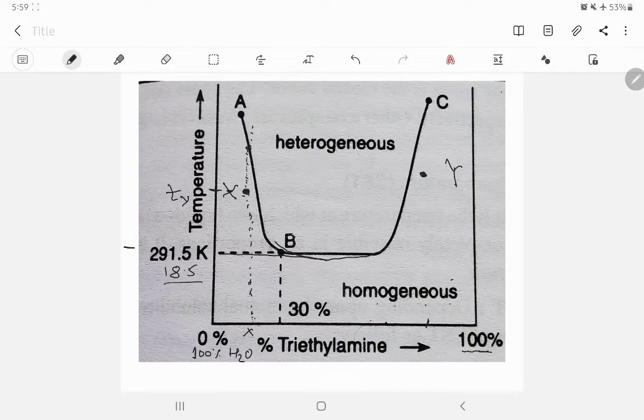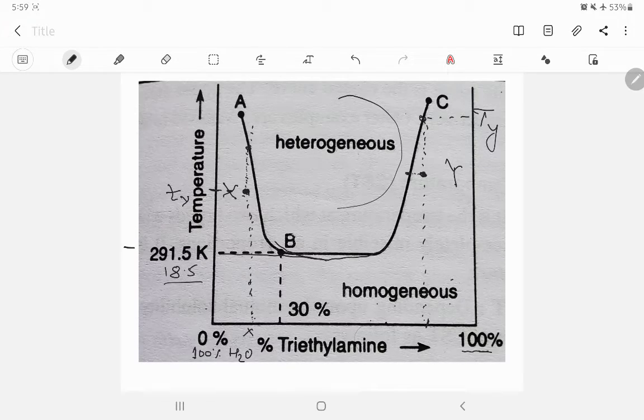If we add water here, what happens? At this point, two layers separate. If we decrease temperature, it is a homogeneous solution. If we increase temperature, at a certain temperature, say Ty, two layers get separated. This is actually the saturated solution of water in triethylamine.